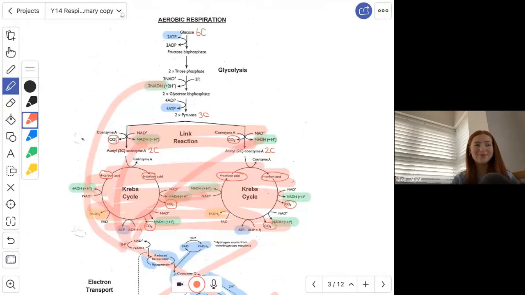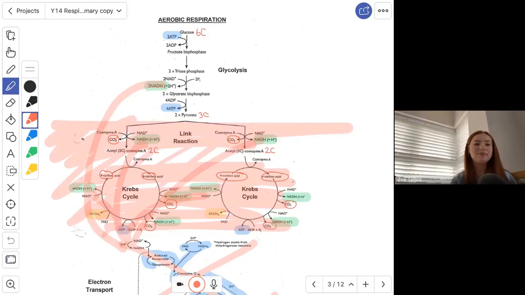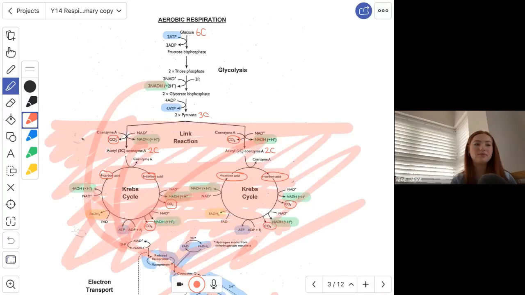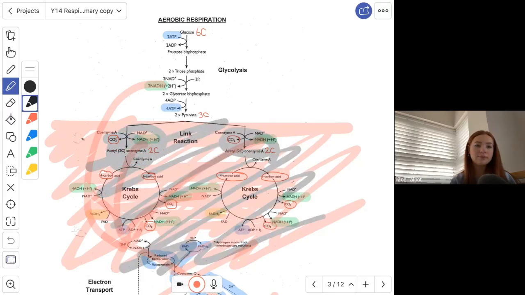So if we have no oxygen, nothing below that line can work at all. Well, for a start, we need oxygen for all of that as well. So none of that can happen, primarily because the electron transport chain can't happen. Essentially, we've got a massive problem here.